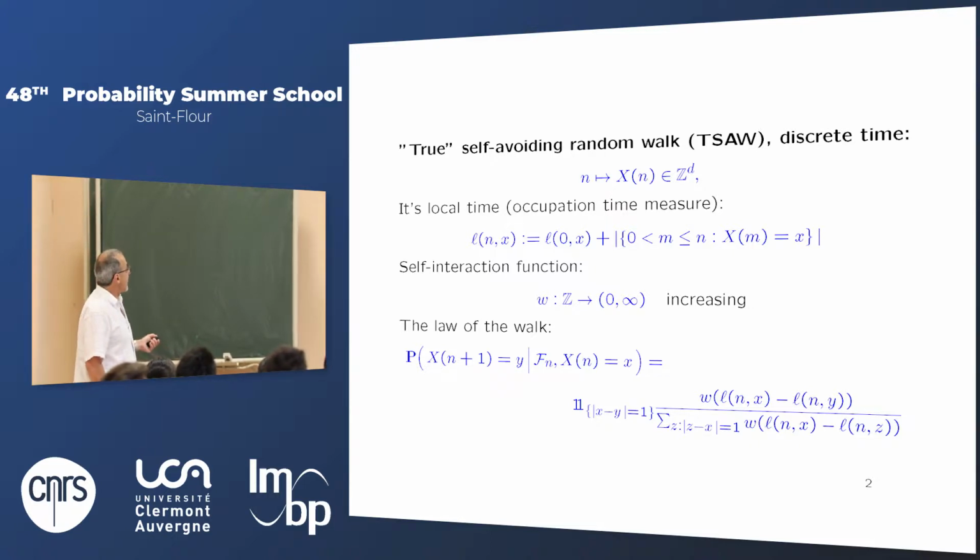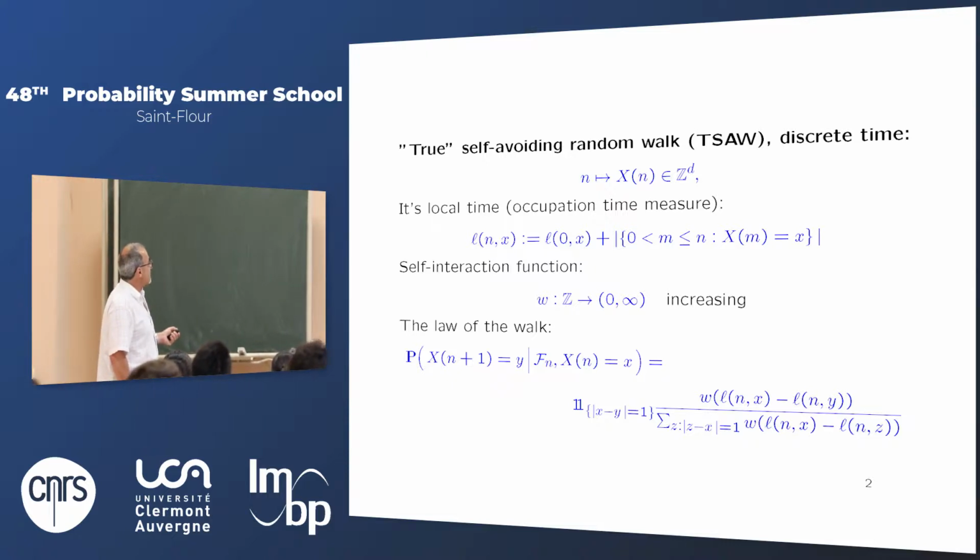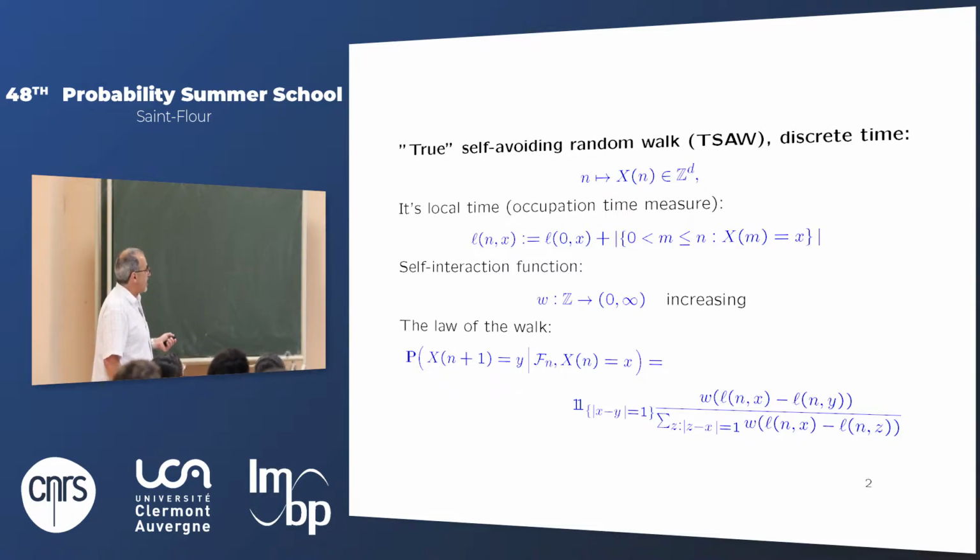That means that at time n and position x, you have some initial value, which will have some importance later, and otherwise it's adding, so the change after the initial value is just the occupation time, how many times it had been to that particular site. So these two random processes are related, of course. If I give you the trajectory, you can compute this as well.